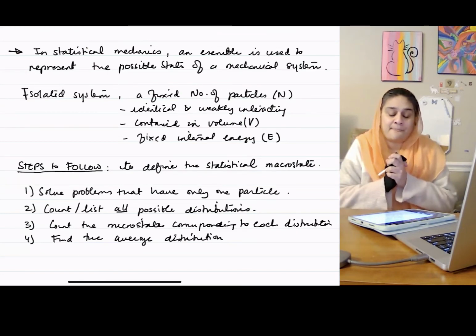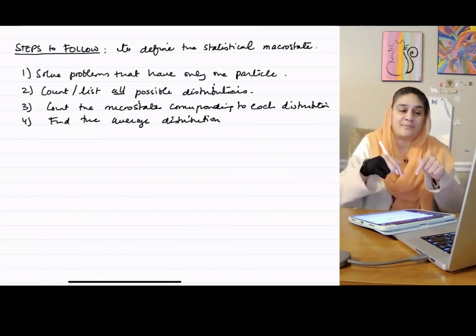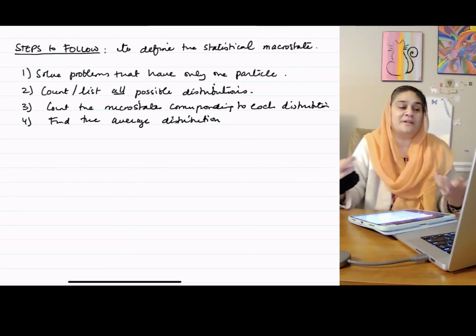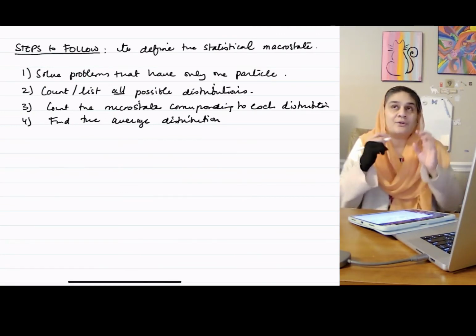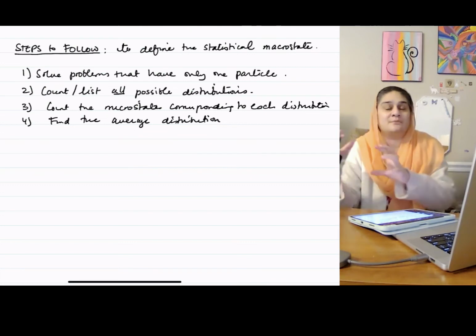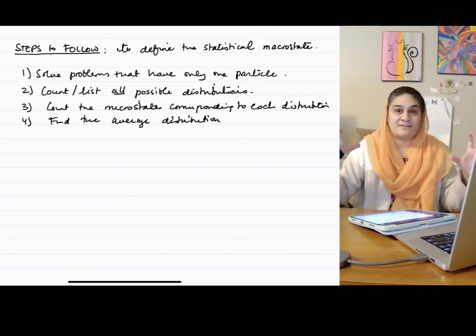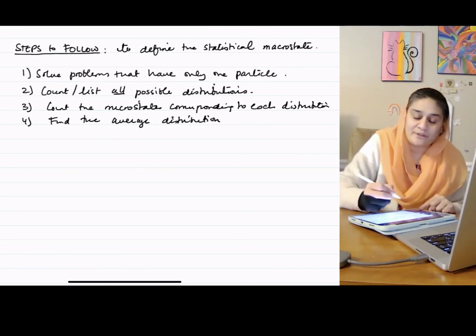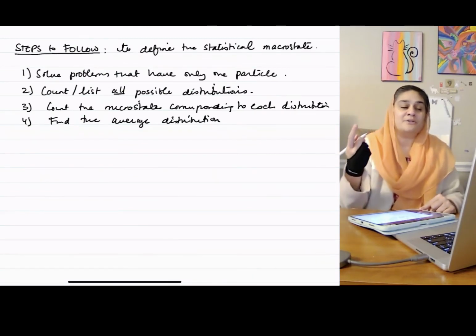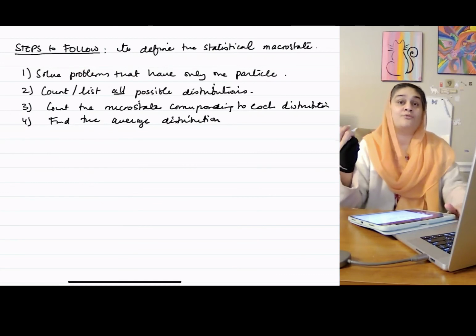Okay. After this, we have to apply these steps to real thermodynamical systems. So if we are talking about real thermodynamical systems, we have to talk about 2 main things that we did before: solids and fluids. So I'm going to define my thermodynamical systems as either solid ensembles or fluid ensembles.